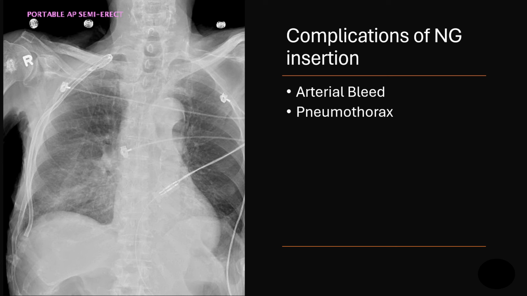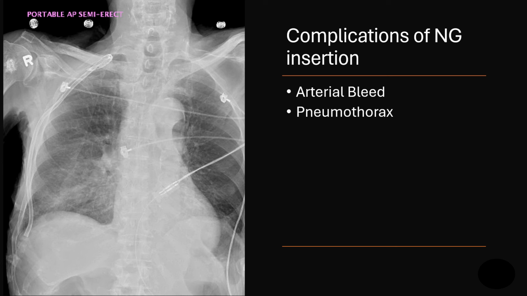And so the two main complications of NG tube insertion are, one, you can cause a bleed, you can nick an artery, you can subsequently undergo alveolar hemorrhage, or two, you may develop a pneumothorax, and that's what happened here.